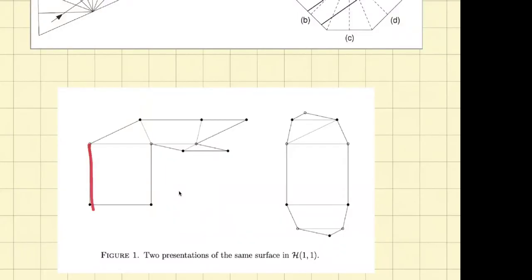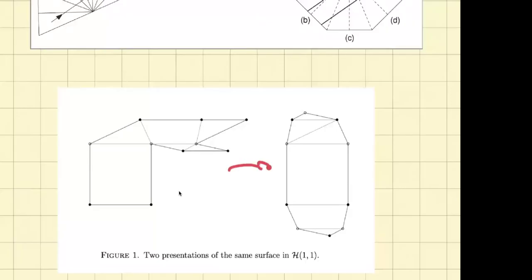For example, this edge and this edge are parallel and of equal length. This edge and this edge, this edge and this edge, and this edge and this edge. So all the edges of this polygon are paired up with a friend of equal length. And the same for this one here. This is paired with this. This is paired with this. Actually, this shape is a decagon, and the opposite sides of the decagon are parallel and of equal length.